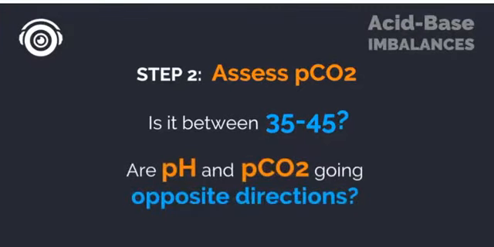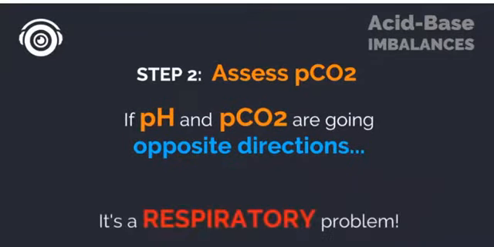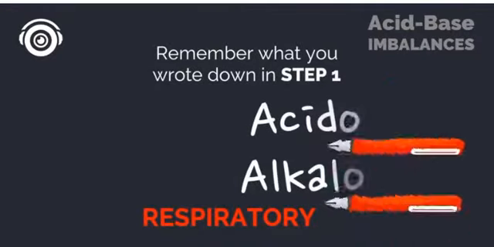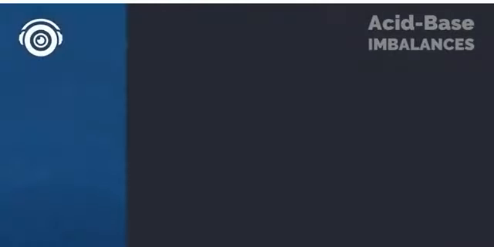If CO2 is going the opposite direction of pH, one up and one down, or one down and one up, they're going in opposite directions. Why is this important? This makes it super easy. If it is, that's a respiratory problem. If we already have acidosis or alkalosis written down, then you already have your answer. It's a respiratory alkalosis or a respiratory acidosis. You have one of the two answers right there, and for the most part, with all the basics, you're done.